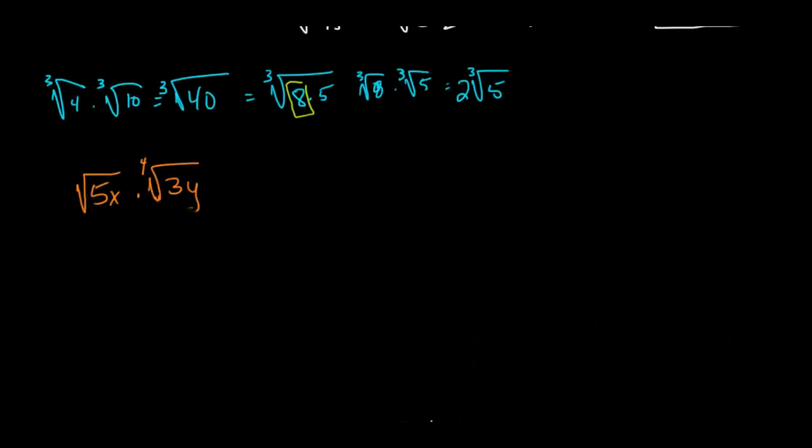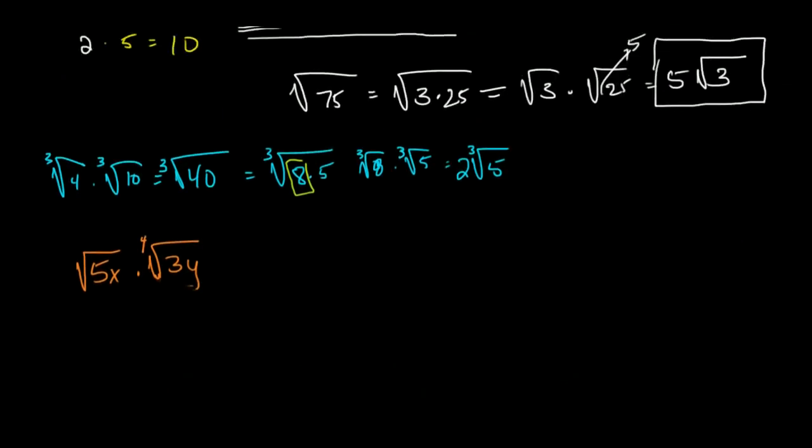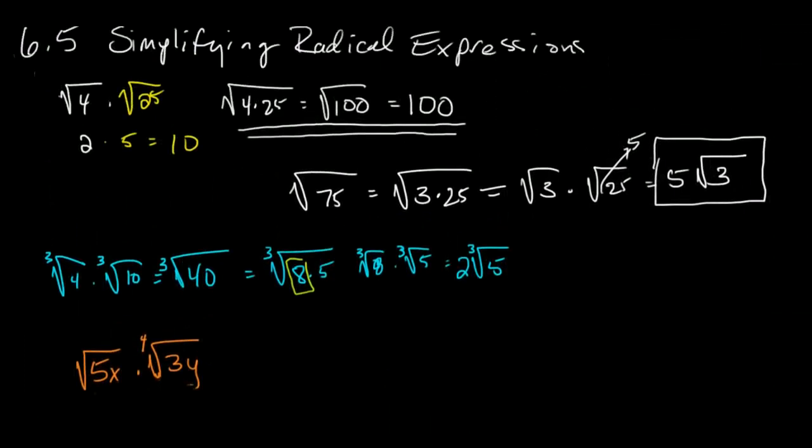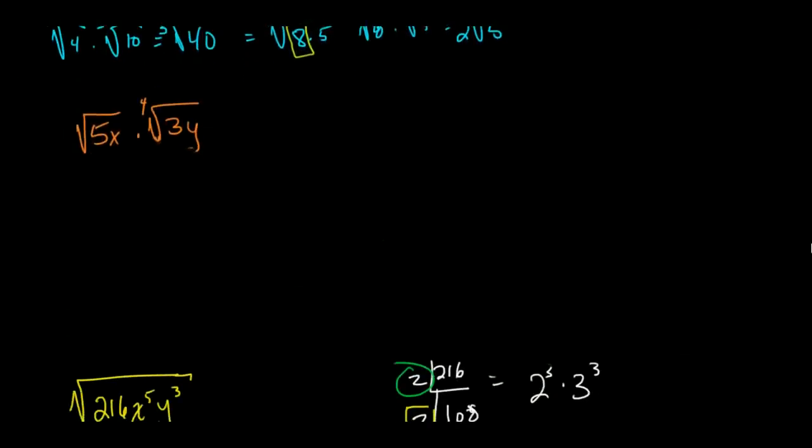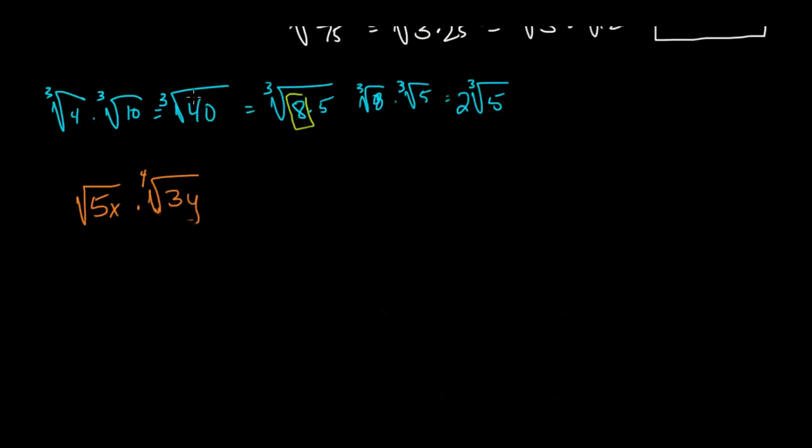Let's say we make life just a little bit more interesting. Let's try multiplying the square root of 5x times the fourth root of 3y. Well, how do we multiply? See, in the past, we haven't had different radicals. Here we have a different radical. So how do we deal with that? And basically the answer is we use our rules of exponents, right?